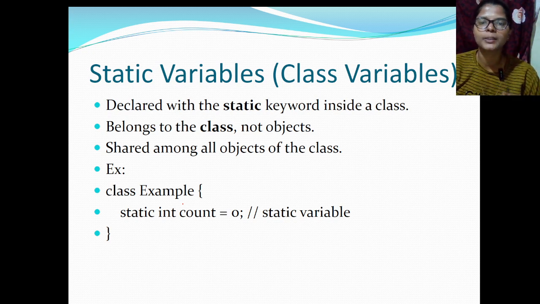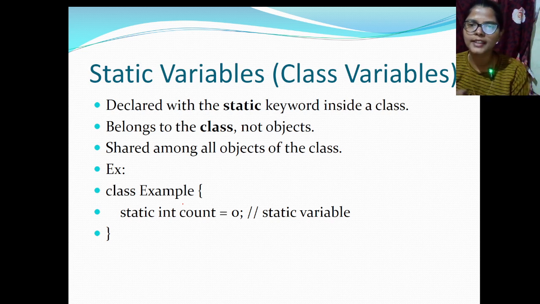So here the variable is declared with the static keyword. That data will be accessed directly without any reference called an object. That is very important. That is called a static variable. We can call it a class variable.